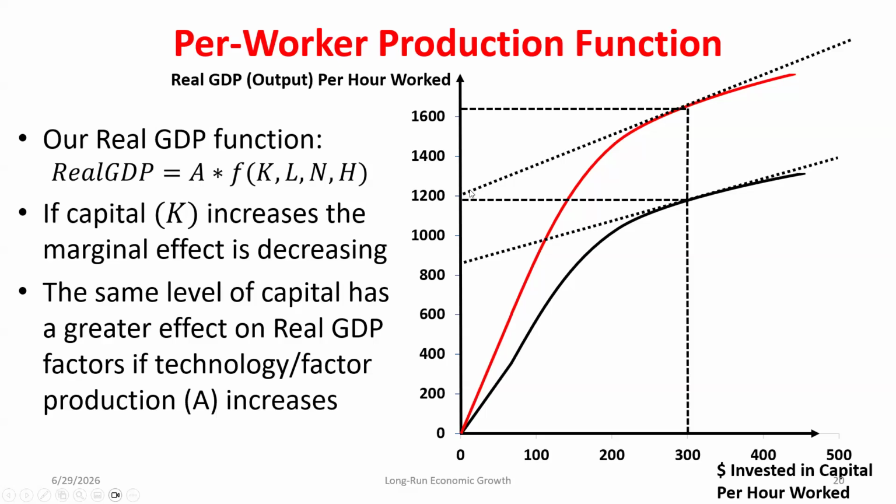So a little bit hard to see that with these lines, but if you're comparing the gap here, smaller than the gap out here, the slope of my production function line as total factor productivity increases will also increase. It makes the same amount of capital investment add more to output, or the marginal output is higher, in which case that means the slope is going to be steeper.